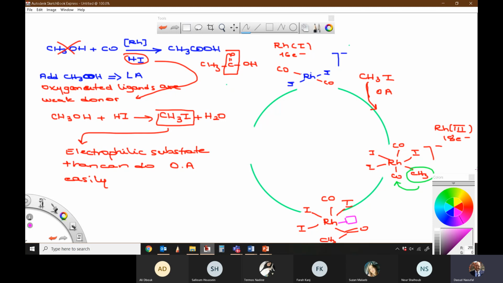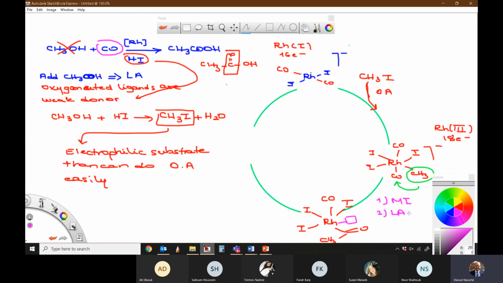So this is step 1, migratory insertion. We open a vacant site. The vacant site should be filled directly by one of the ligands. Do we have a ligand that is formed in the reaction system? No. Do we have ligand initially? Yes, I have CO.